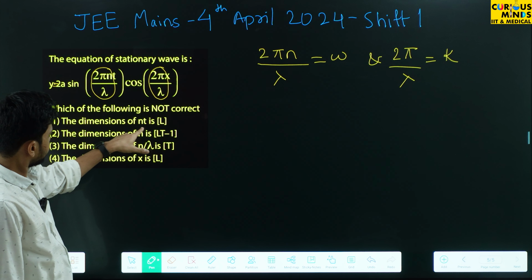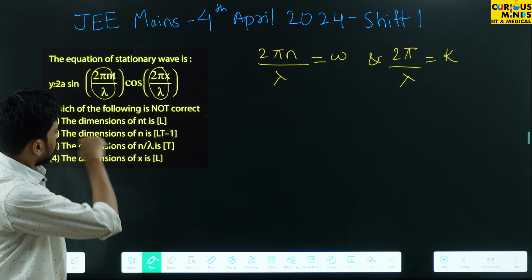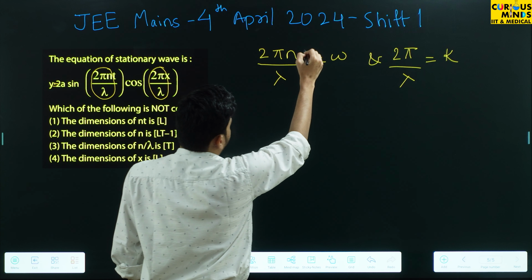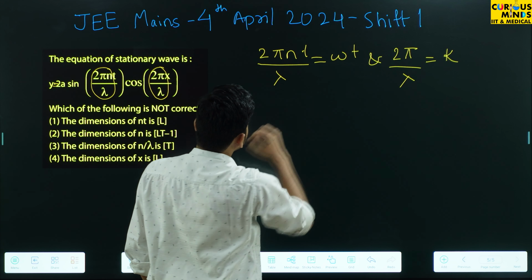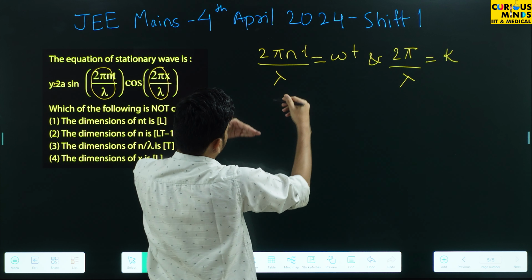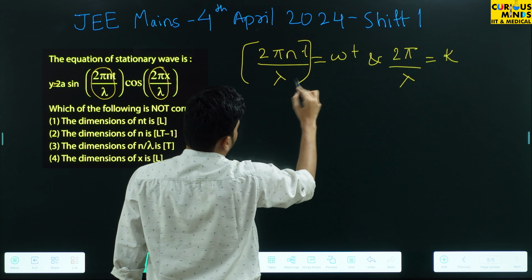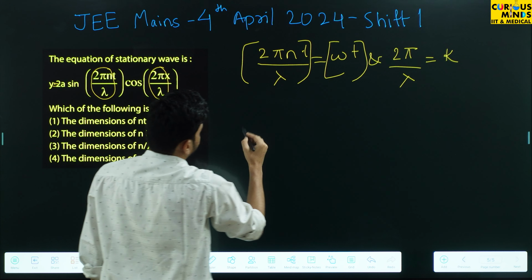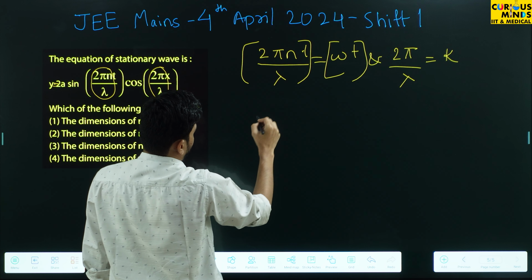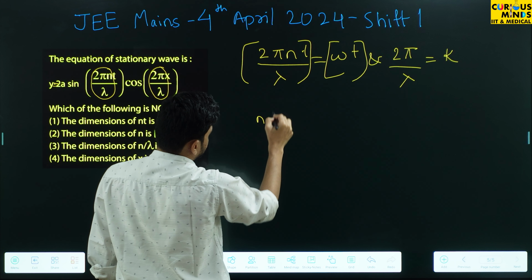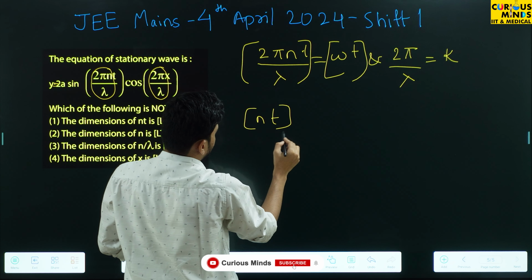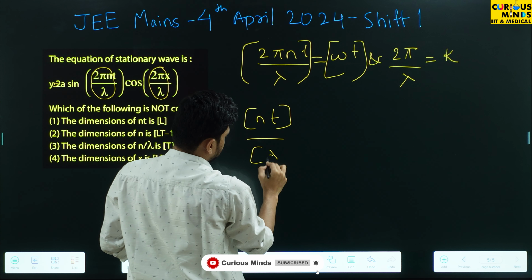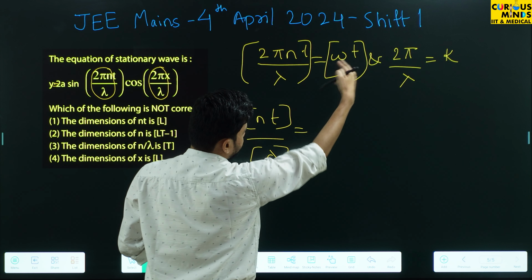The dimension of nt, they are asking. So nt. If I write t and t here, and take the dimension, the dimension also has to be the same. So nt dimension upon lambda dimension is equal to omega t dimension.